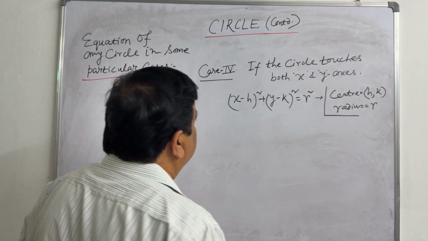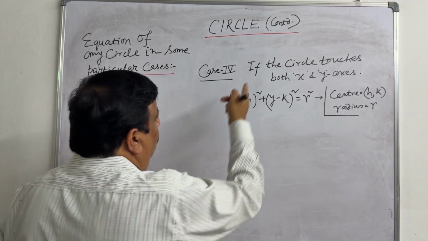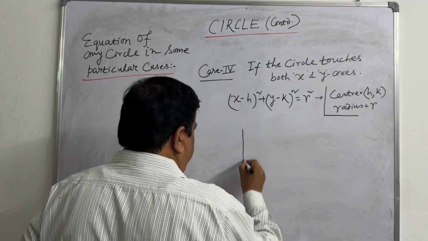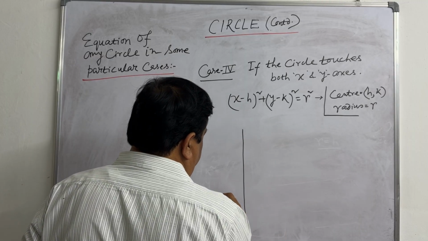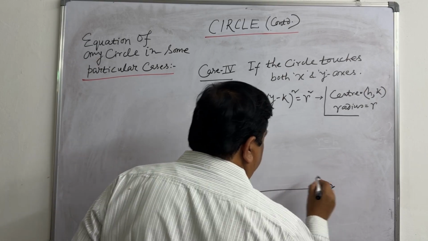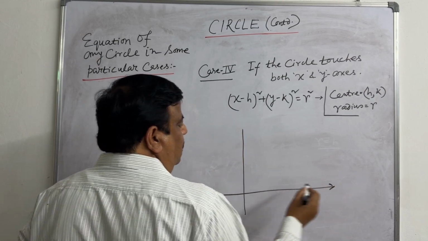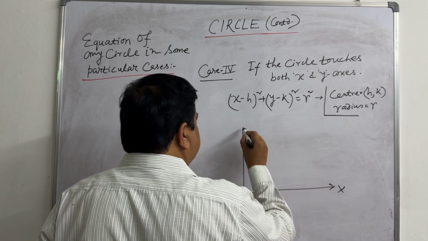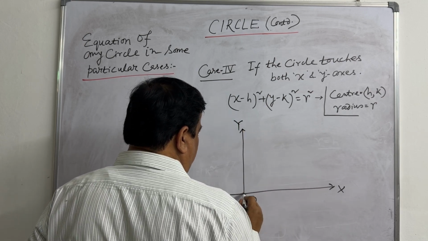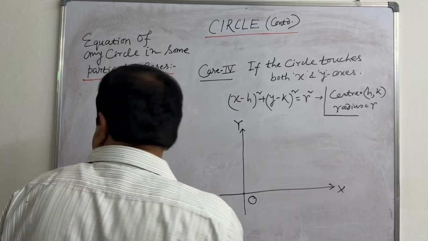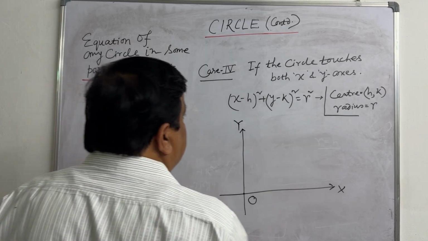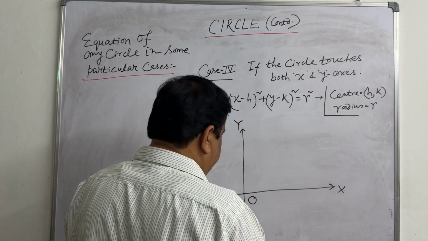Okay, draw this circle. Say this is the x-axis, this is the y-axis, and this is your origin. What is given? The circle touches both the x and y axis.